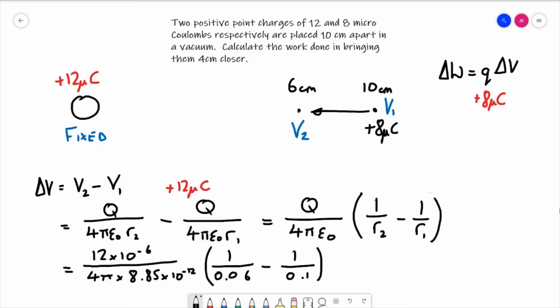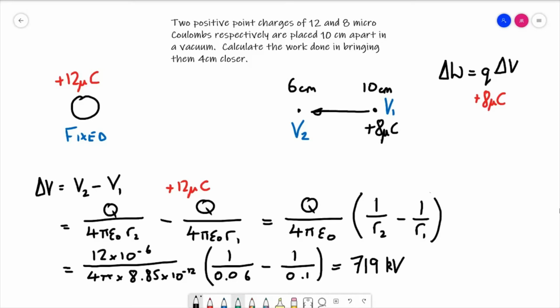What your calculator will hopefully tell you at that point, once we've rounded to 3 significant figures, is we should have a potential difference of 719 kilovolts. It's quite a large potential difference, but we'll soon see how the numbers will work themselves out in a moment. We've now got our potential difference, 719 kilovolts.